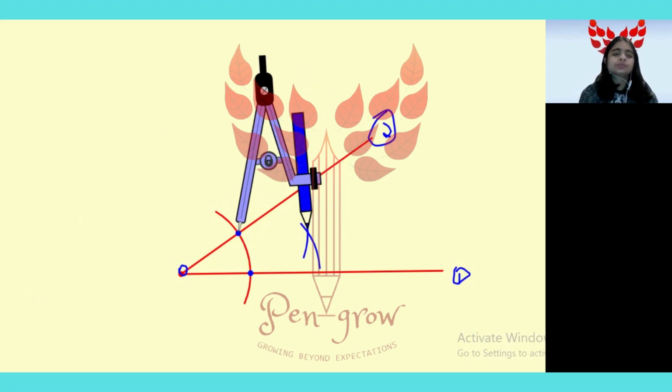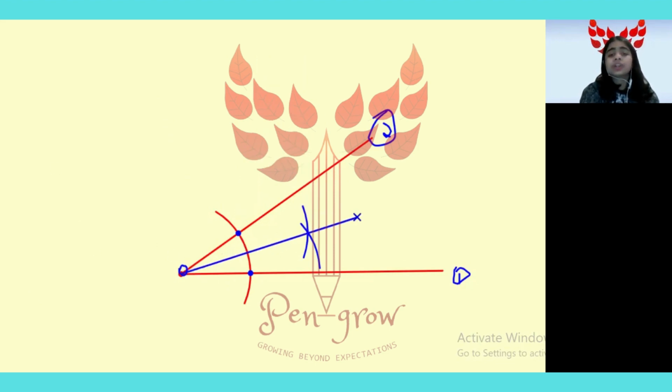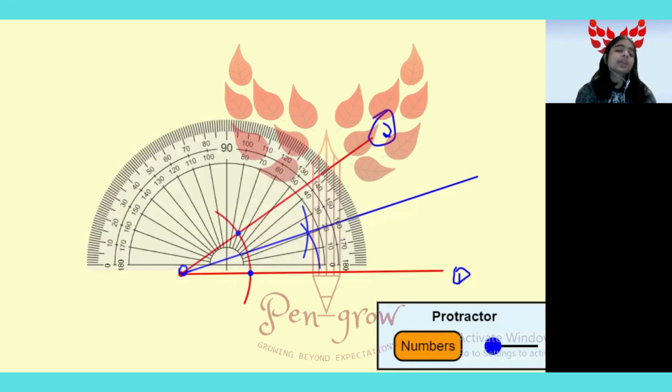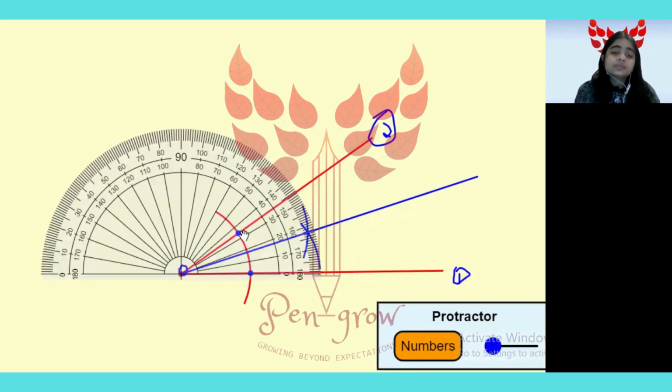And now you make a line and join this with the arc. This is exactly your angle bisector and the locus. The blue line is the locus. And how do you check it? You put your protractor. You see that, okay, this is around 34 degrees, 34 and a half.